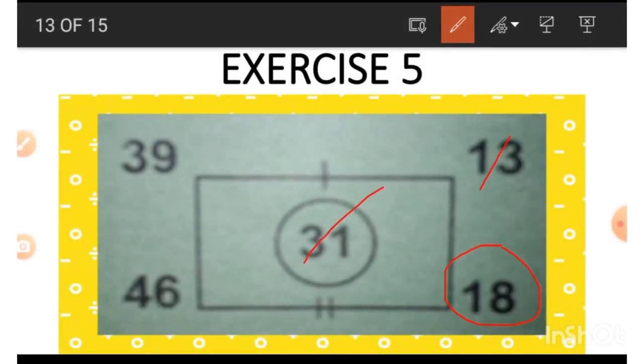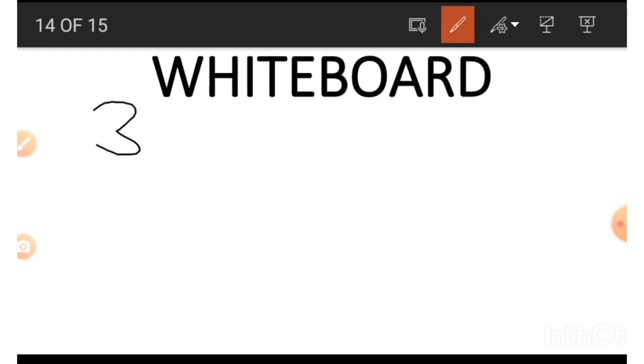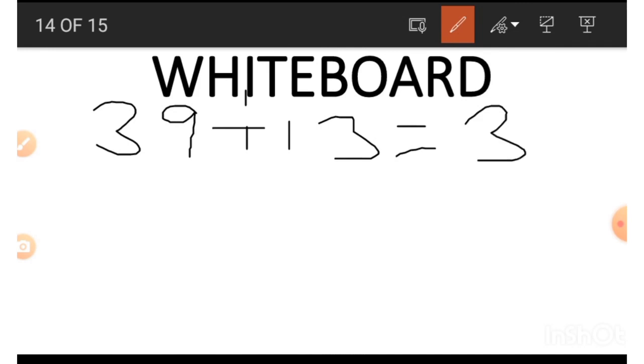Finally, how do you get the 18? Let's look at that now using the remaining numbers. On the board, we start with the top again. 39 divided by 13 gives us 3. Now we make use of the number at the middle, which is 31.